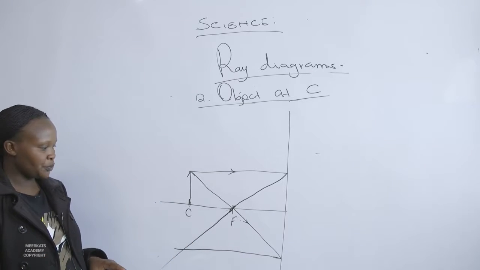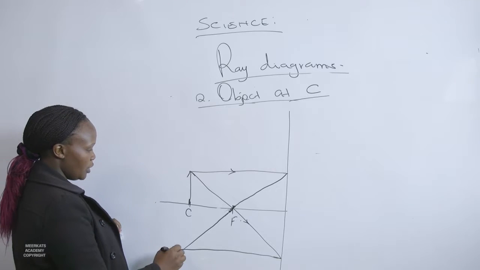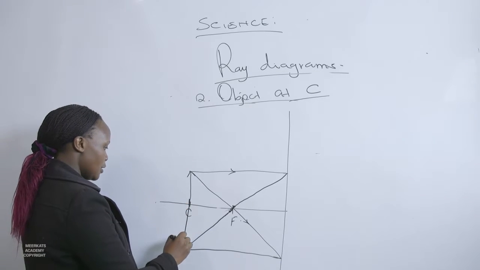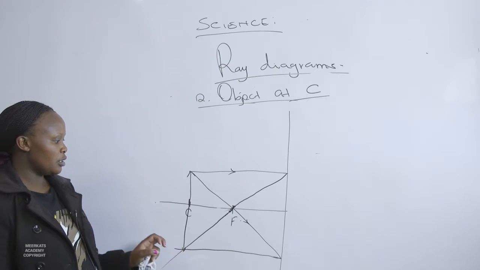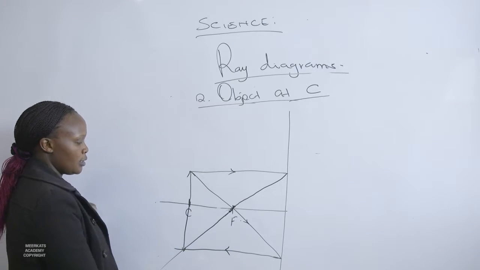So that now we have the point of intersection at C. So that now we have our image like that.